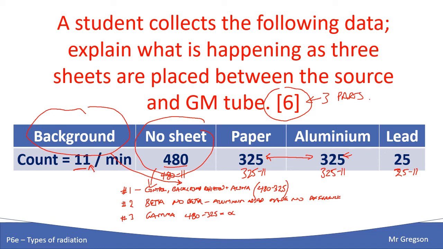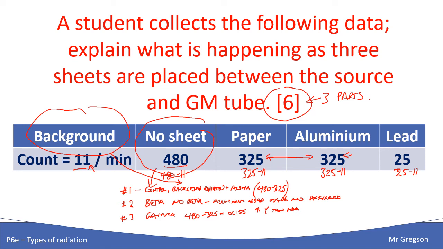So that's 155 counts, which means of the 480, the remainder are gamma. So there's more gamma than alpha.